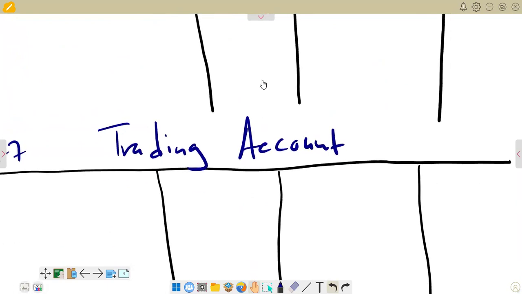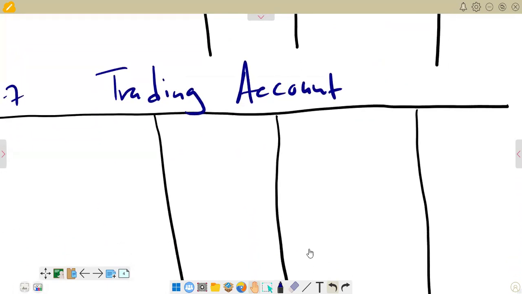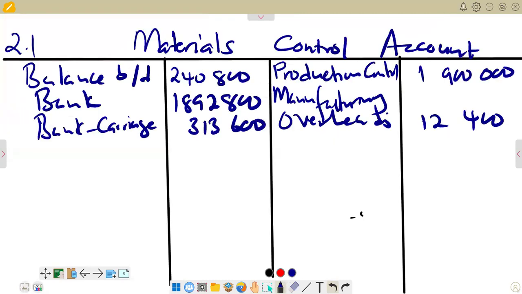We come to the credit side of the trading account and put our sales, 8,749,450. So this is what we have. The other corresponding entry we're ignoring because it's affecting sales, which is not asked in the question. Now we go and see what else we have in the question.